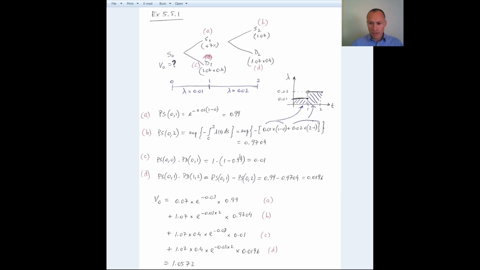And so on for the case C and for case D that you see here, right? And then the sum of these four values gives you the value of the bond today. Okay?